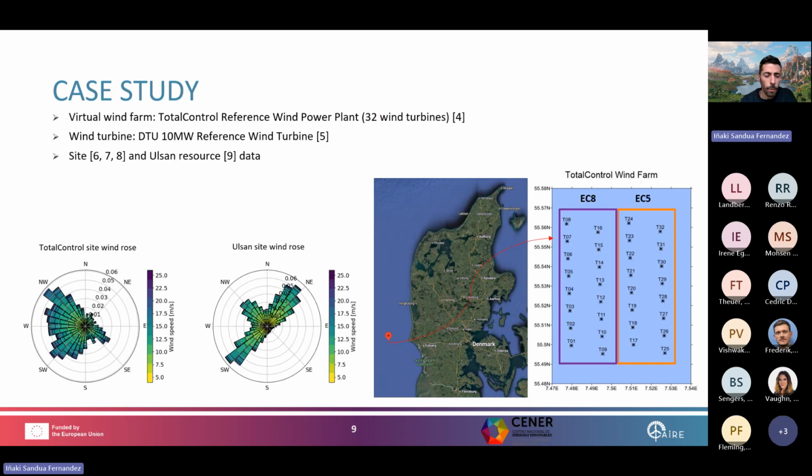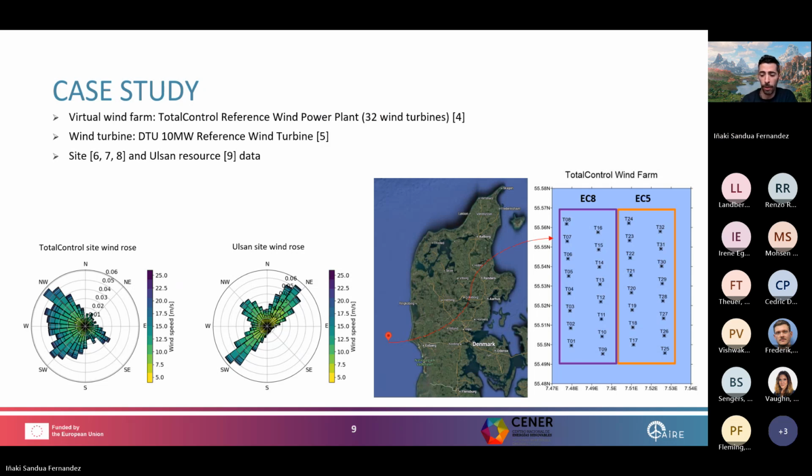For the resource data, we have picked up the site resource data, which is the wind rose on the left, and for comparison purposes, we have also chosen another site, in this case Ulsan in Korea, because its wind rose is very different if you compare it with site 1.